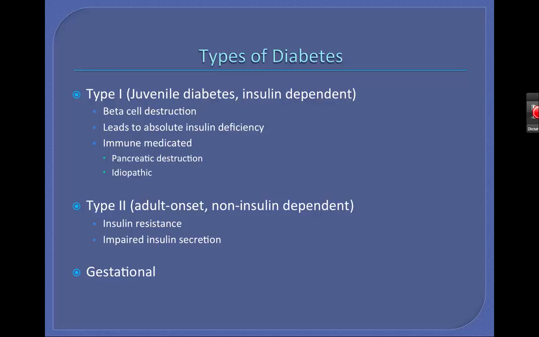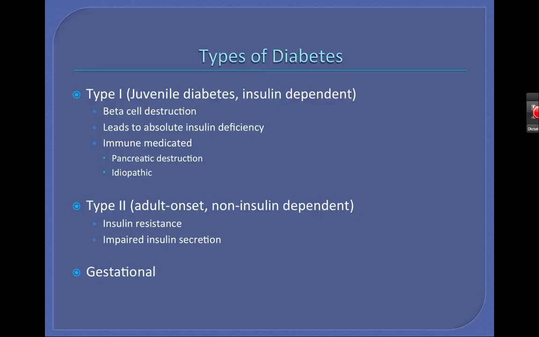At the same time, over time, your cells react to the increased insulin levels by making fewer insulin receptor sites, decreasing the number of sites available. This causes your cells to stop responding to insulin adequately, and therefore you develop insulin resistance.